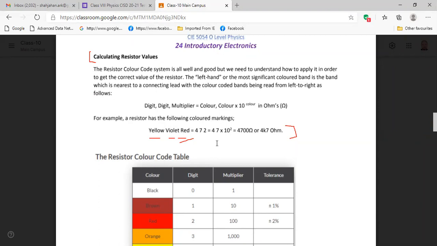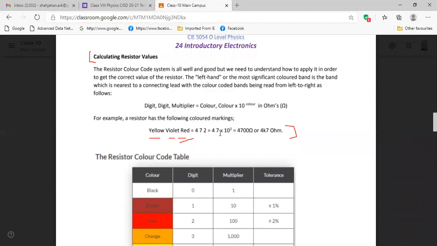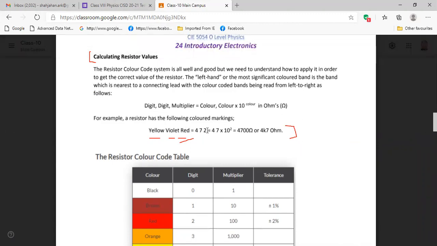And how to calculate the resistance? For the first two bands, you only write the numbers. For the first band, it is 4. For the second band, it is 7. Then for the third band, you have to give the power of 10. The third band is red, which is 2, so it gives 10 squared.